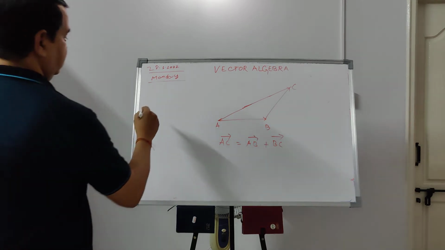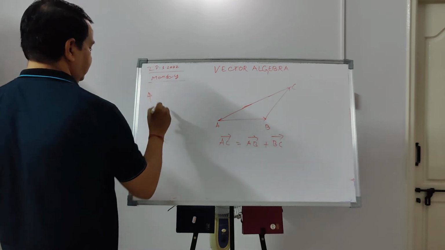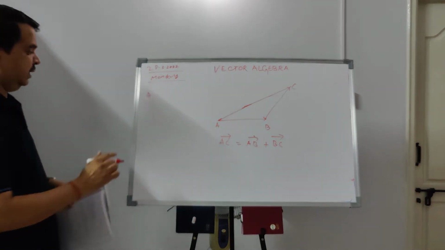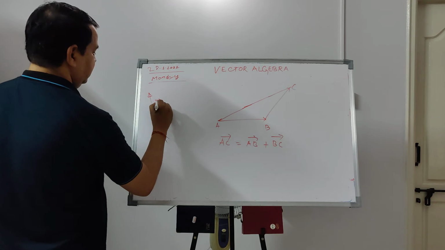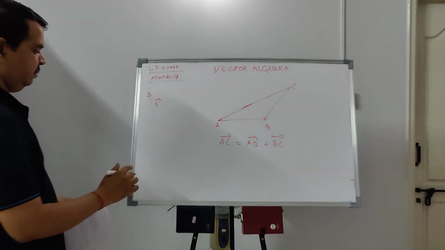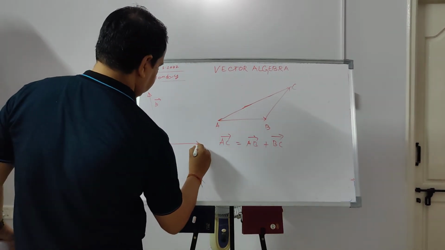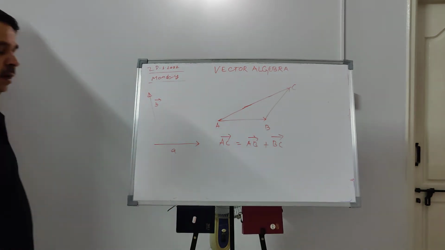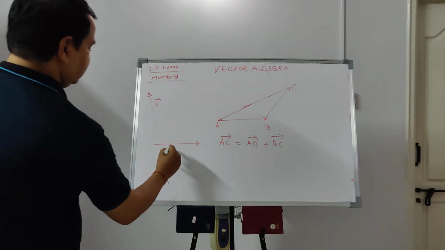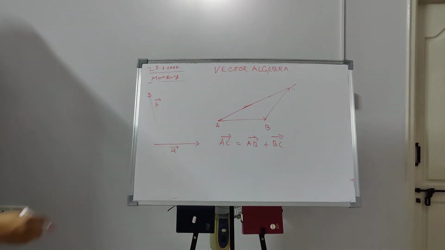Let us say this is a vector B, and then you have a vector A. So now you want to add vector A to B. How will you add?